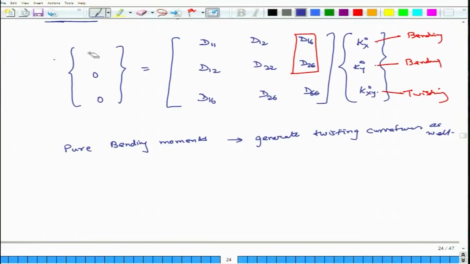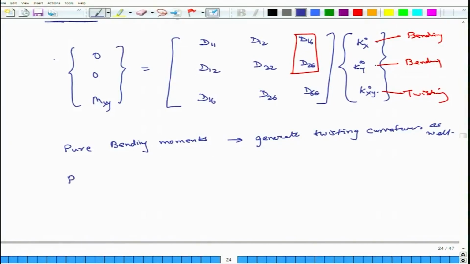Similarly, if I apply a pure twisting moment, so what is a twisting moment? Mxy. Mxy is a twisting moment because I am trying to twist it.